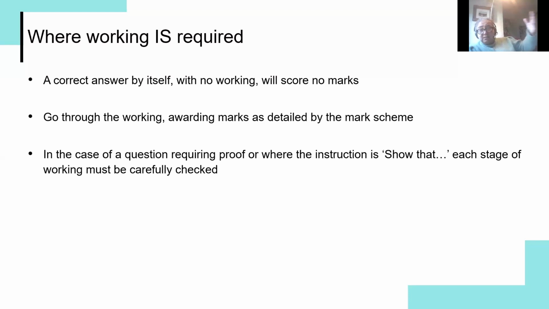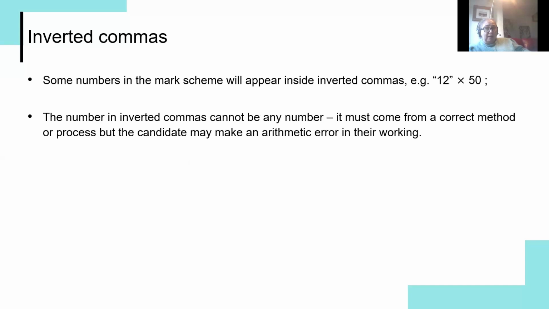And I may apply that to where working is not required as well in practice, but know that when it comes to the real thing, anything they do score on those kinds of questions, they're Brucey bonuses. And then I've already mentioned the inverted commas.